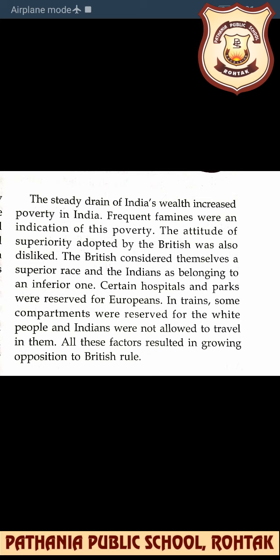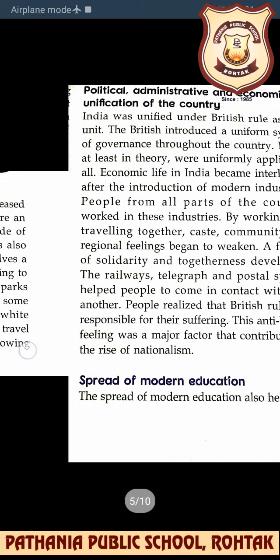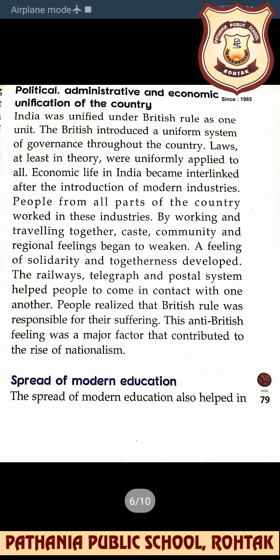So this way, all Indians were against British rule and they united themselves, and this way there was a rise of nationalism. Now the next point is the political, administrative and economic unification of the country.